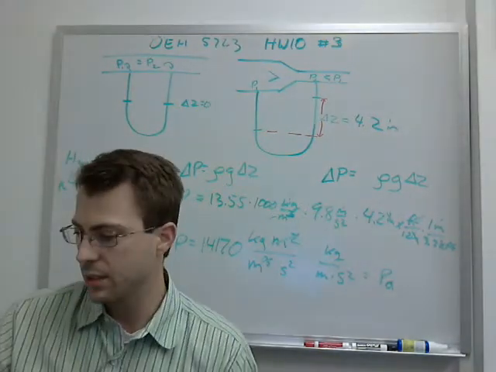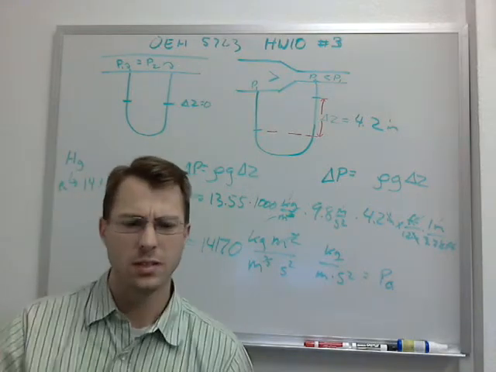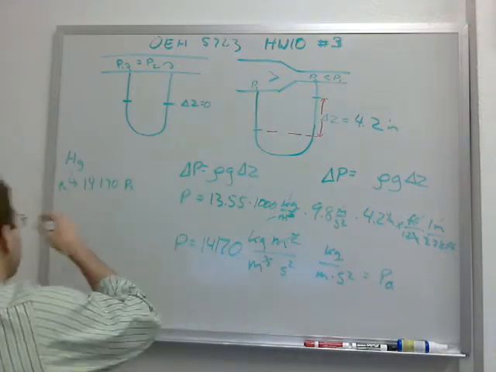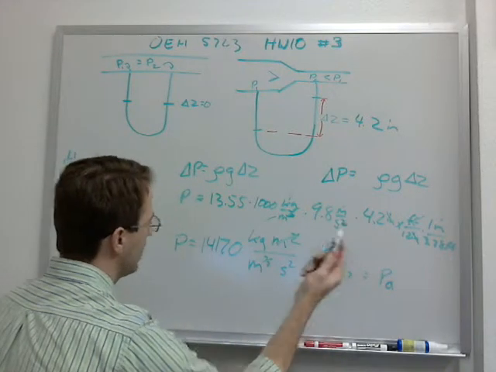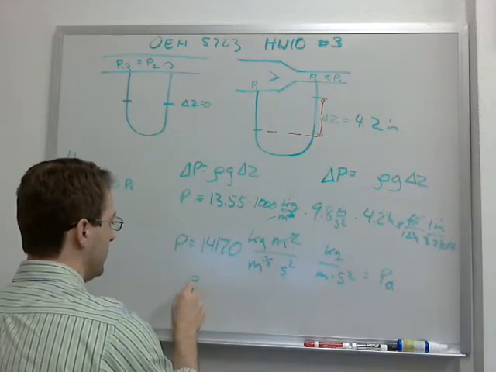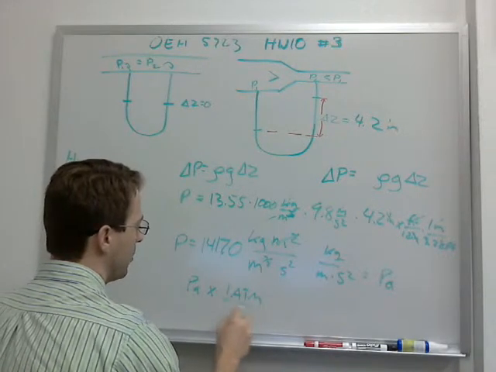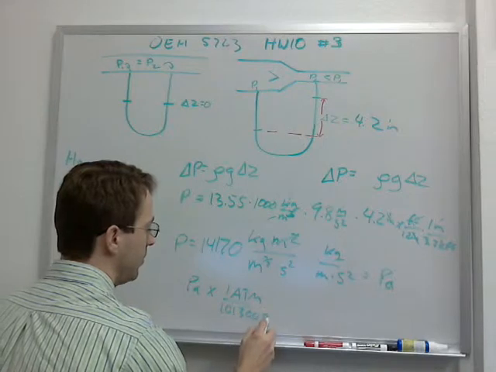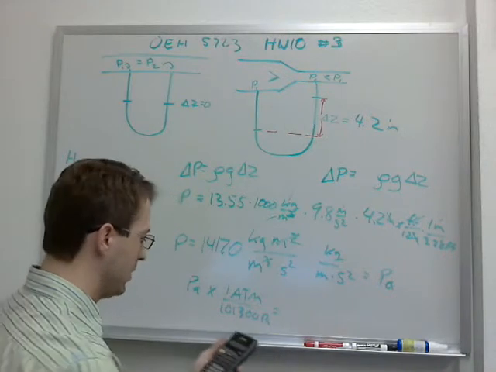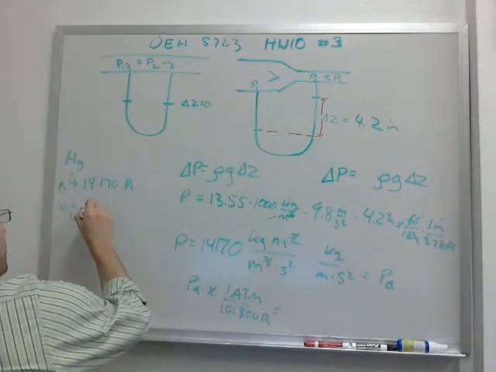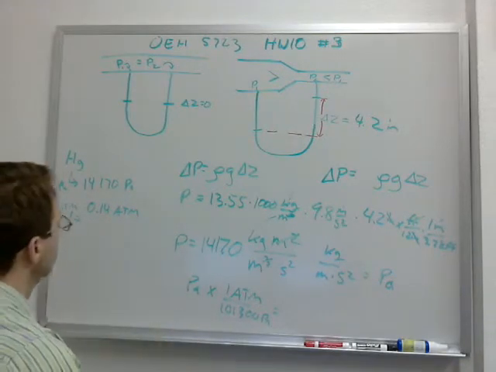Then, what were the other things that we asked for? We asked for pascals, atmospheres, and psi, I think. Atmospheres is just a conversion: pascals times 1 atmosphere per 101,300 pascals. So this number divided by 101,300 is 0.14.